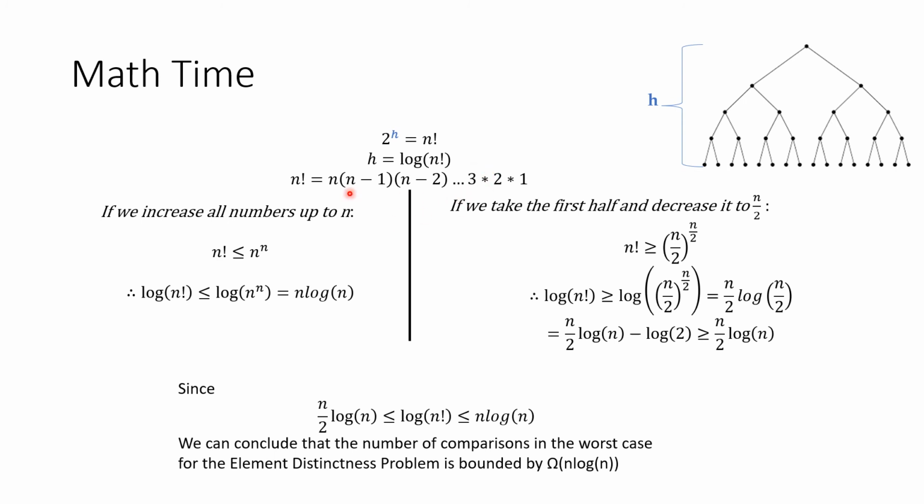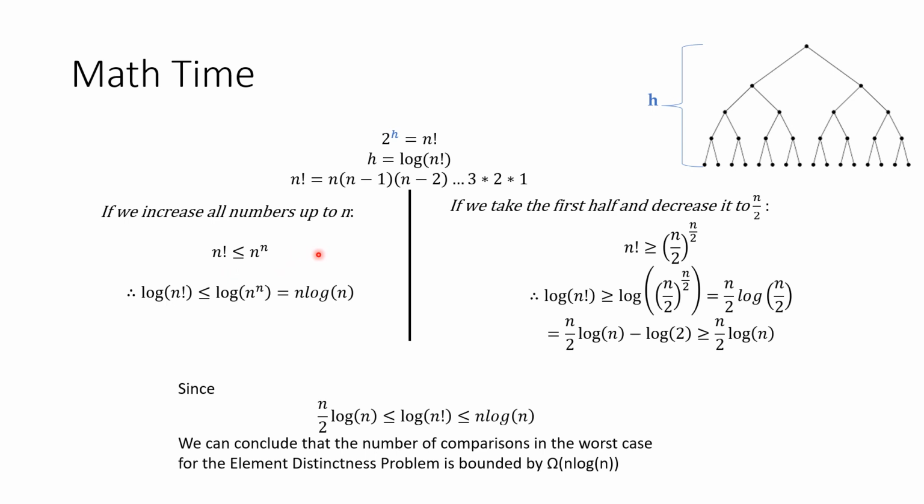And if we expand n factorial, we'll end up with n times n minus 1 times n minus 2 all the way to 1. So if we grab each element in this multiplication and we increase it to n, then we will say that n factorial is less than or equal to n to the n.